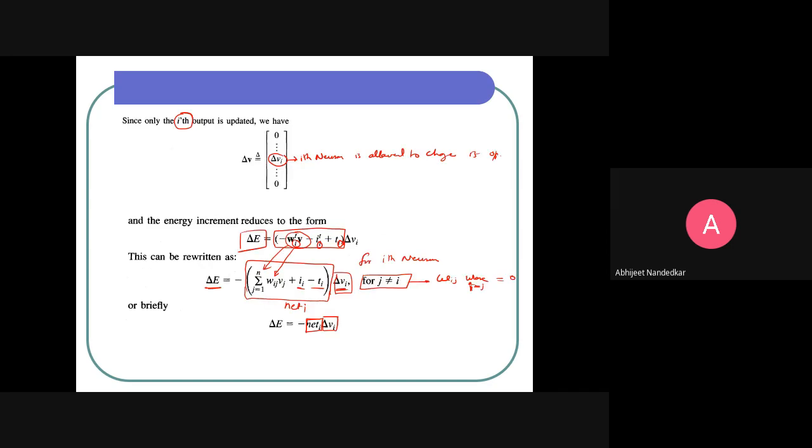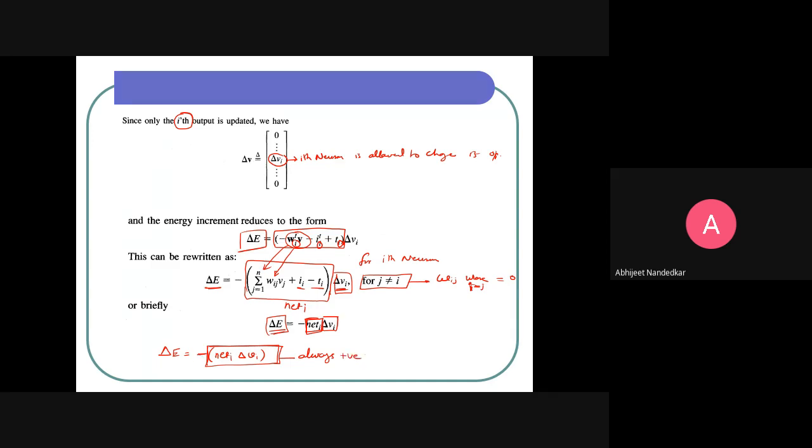See what it means. It means that this change in energy, I can write here, change in energy is some negative quantity of net i into change in Vi. Now what these statements are saying is that this bracket is always positive. What it means?